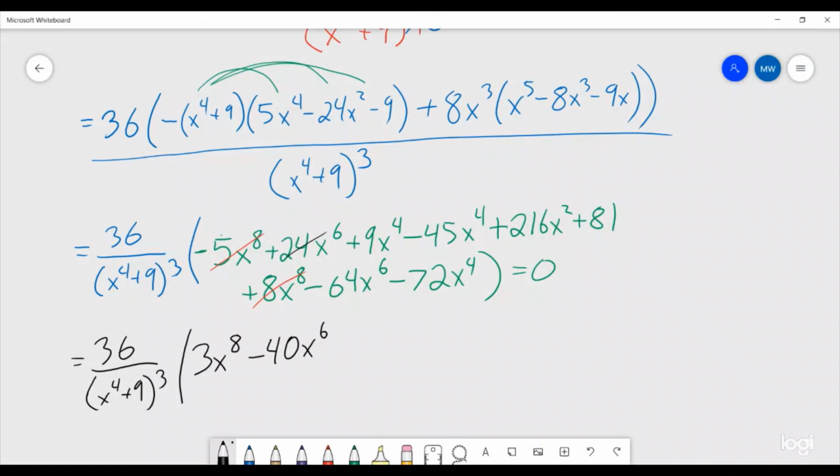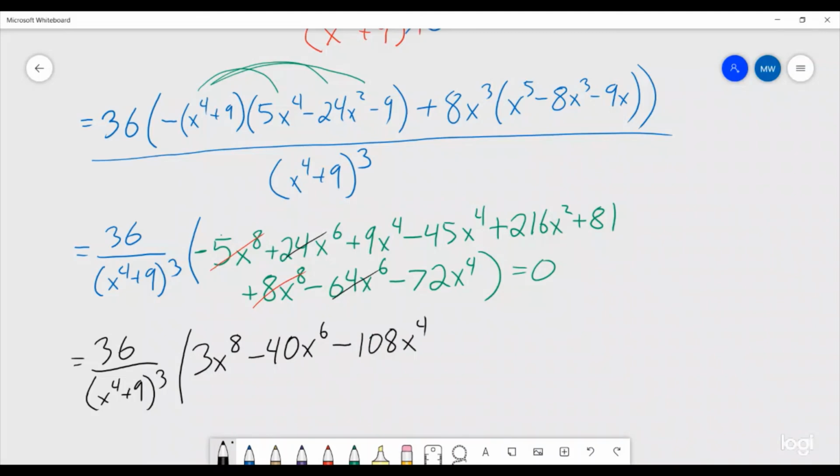So that's that one and that one taken care of. 9 minus 45, so that's a negative 36, minus 72, that's minus 108.